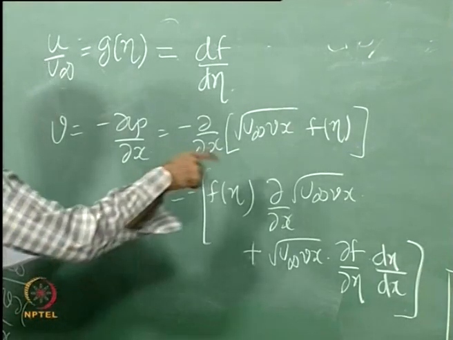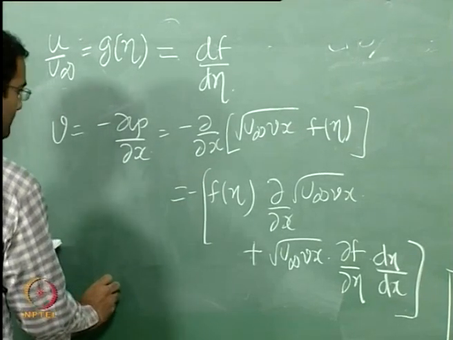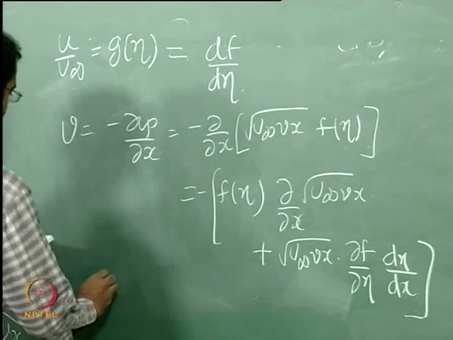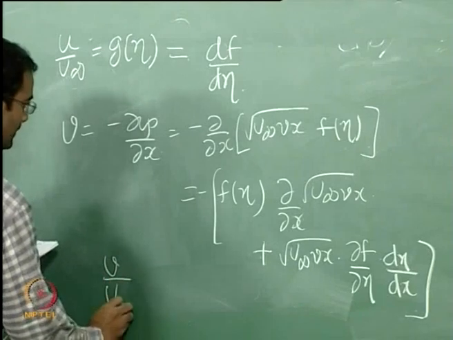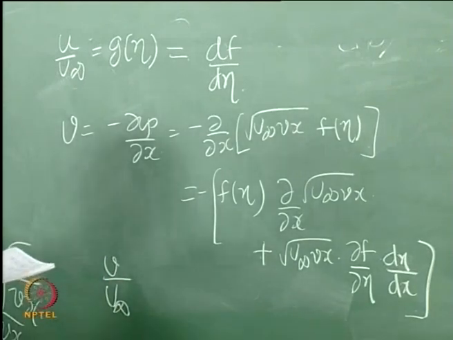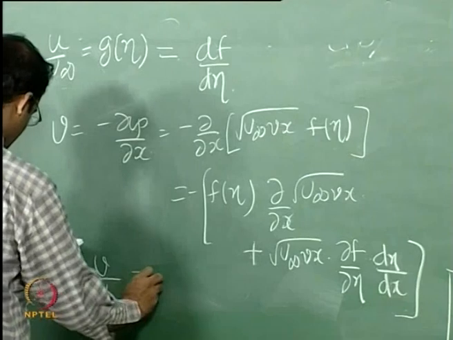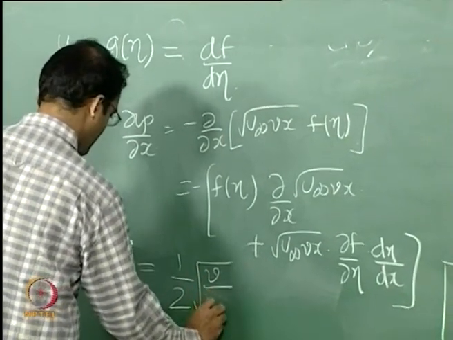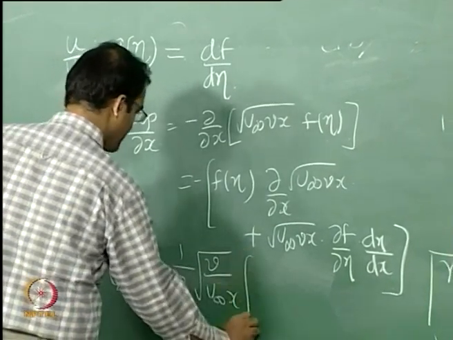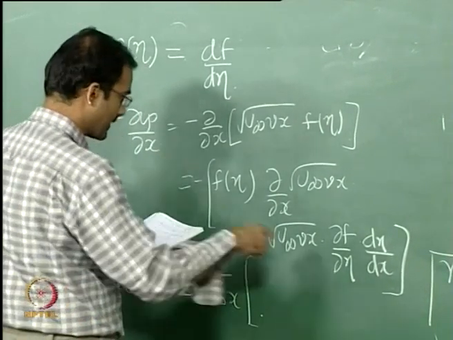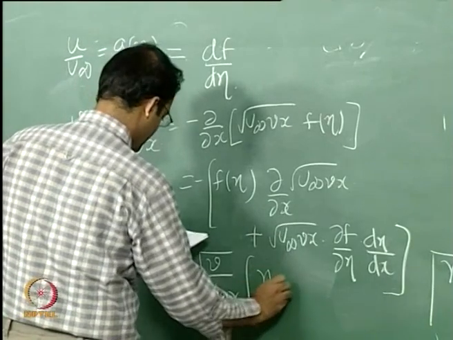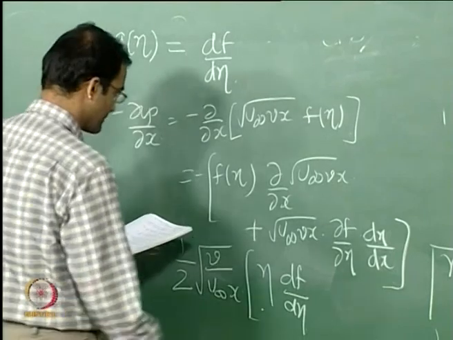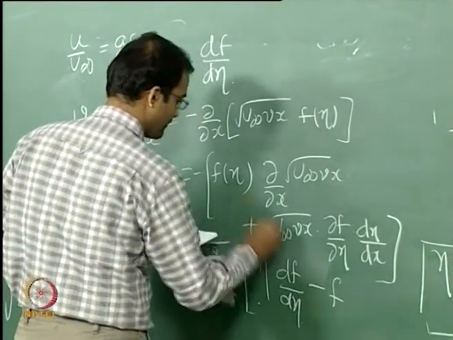So if I group these terms together, finally I should be getting v by u infinity equal to 1 by 2 times square root of nu by u infinity x, into, this term right here I can write as eta into df by d eta, minus f.